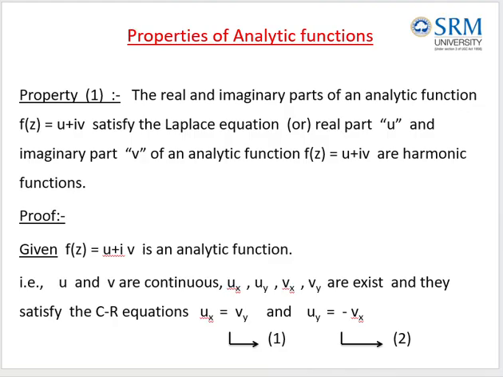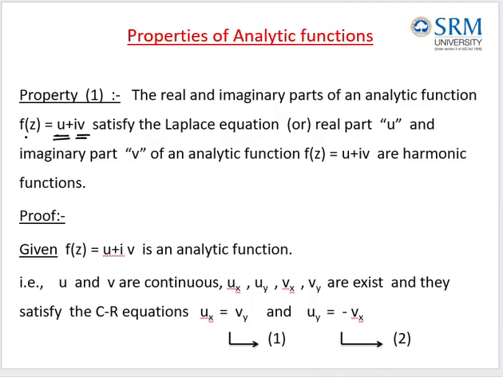First property: the real and imaginary parts of an analytic function f of z equal to u plus iv satisfy the Laplace equation. Real and imaginary part means u and v. U is the real part and v is the imaginary part of the analytic function f of z.